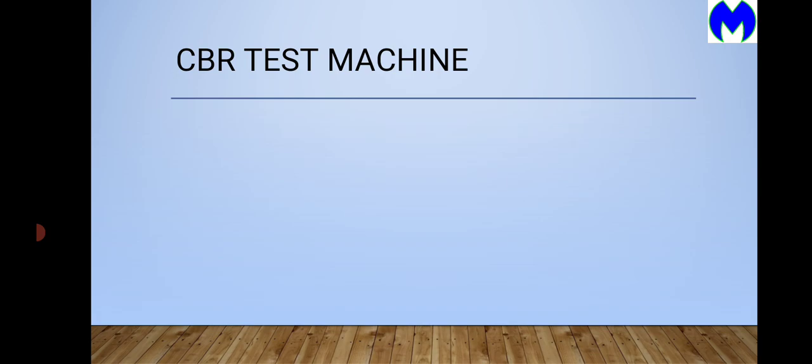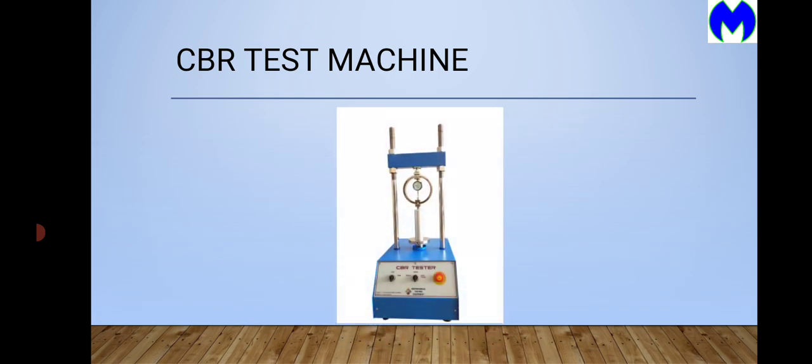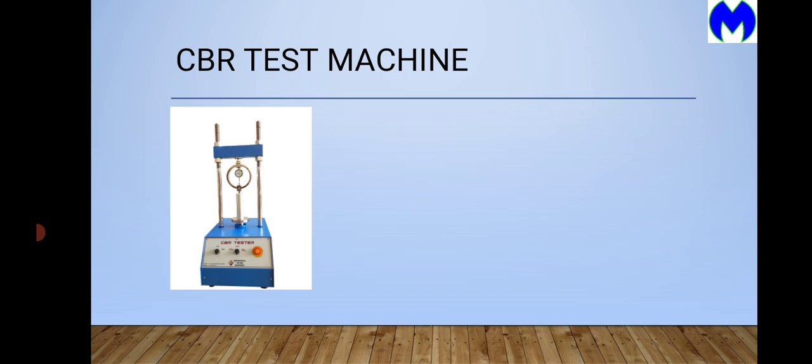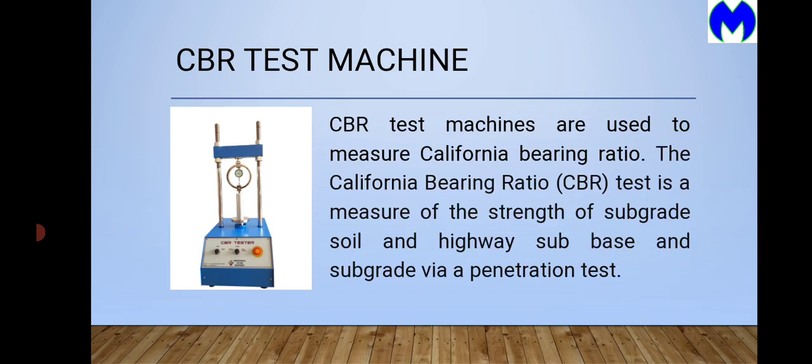We have the CBR test machine. This is the CBR test machine or the CBR tester. CBR test machines are used to measure California bearing ratio. So what is California bearing ratio?